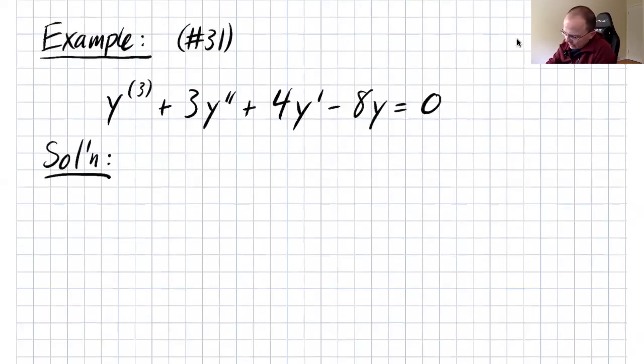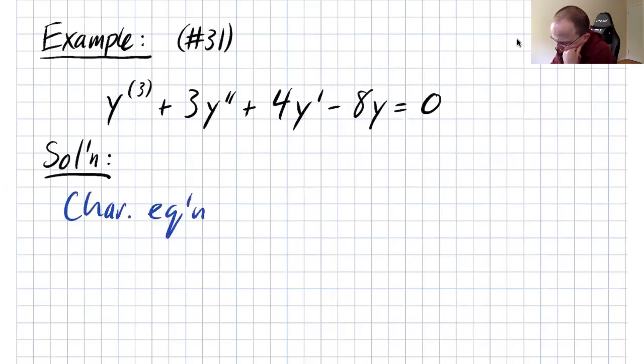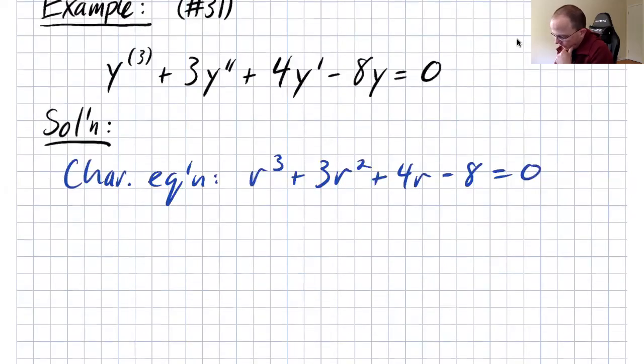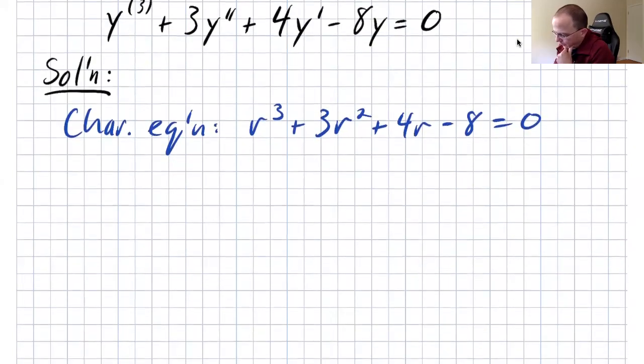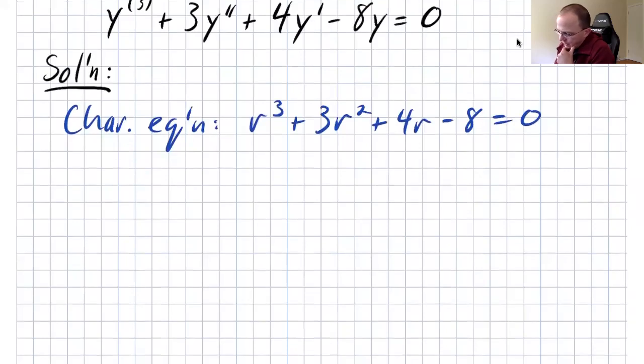So let's do an example. So here the characteristic equation is r cubed plus 3r squared plus 4r minus 8 equals 0. Okay, so how are we going to solve this?